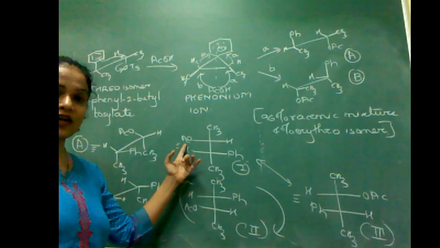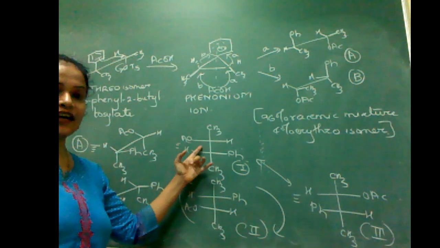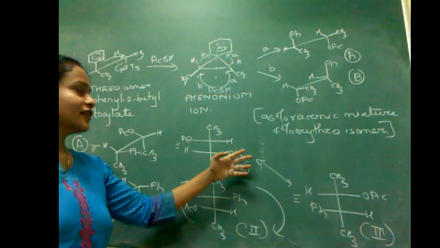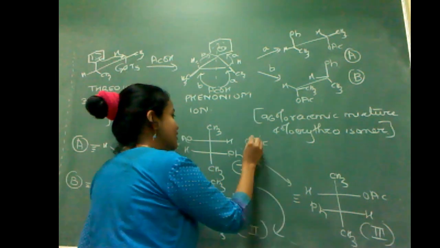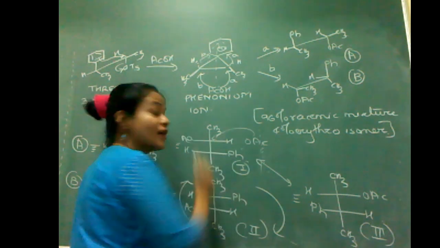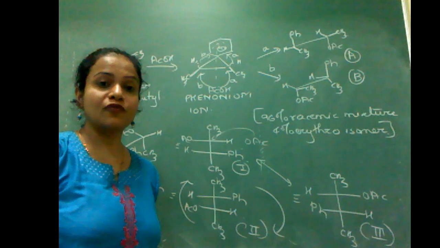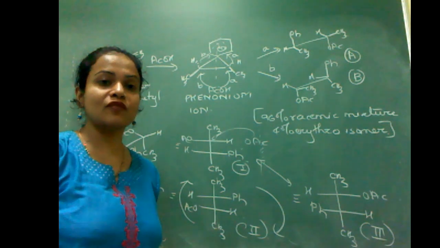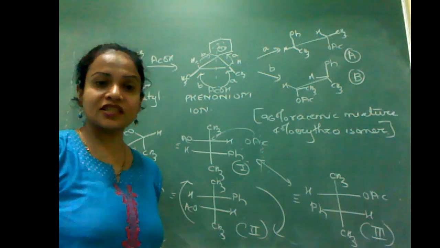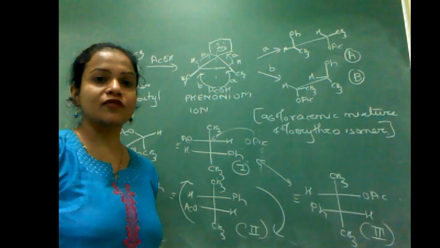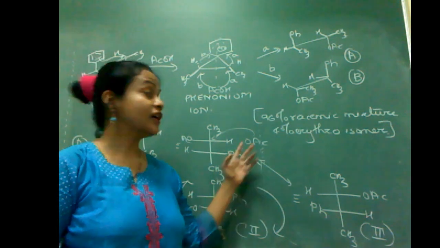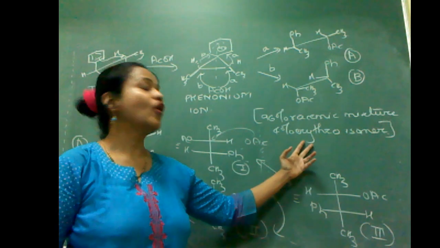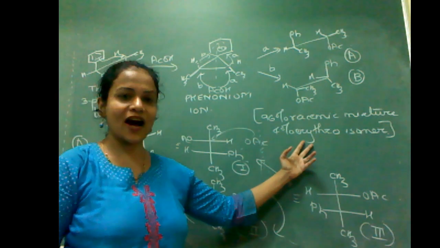This can only be imagined provided acetate, that is acetic acid, can attack the carbon atom, displacing the leaving group from the side opposite to that of the leaving group. When such displacement occurs, the reaction occurs via the SN2 pathway, leading to the formation of 4% erythro isomer.